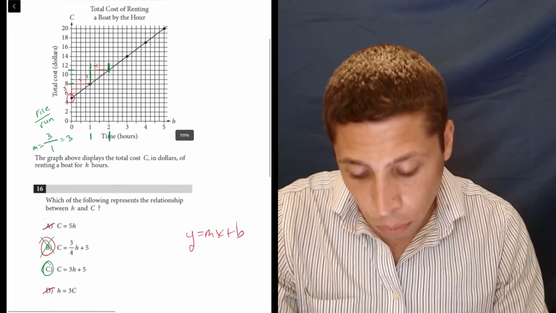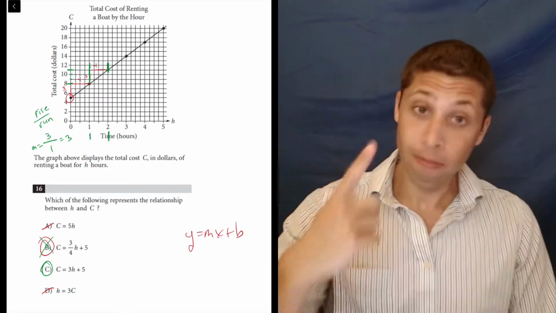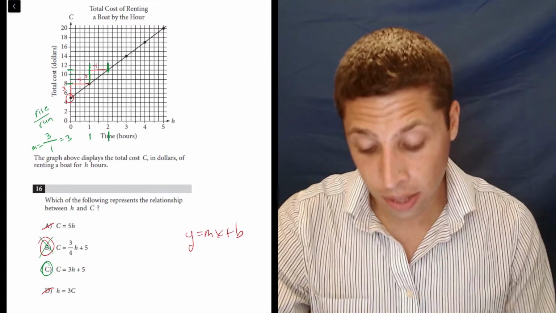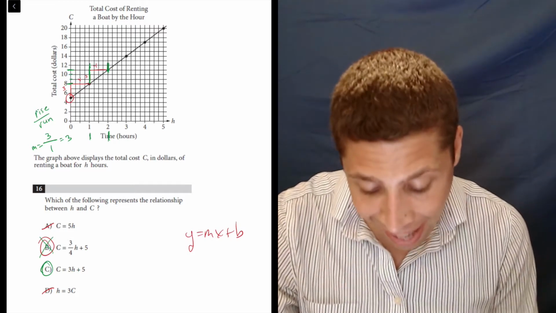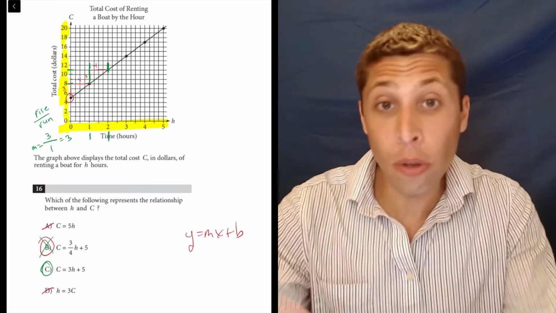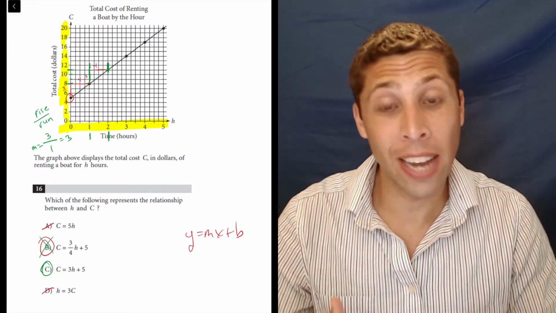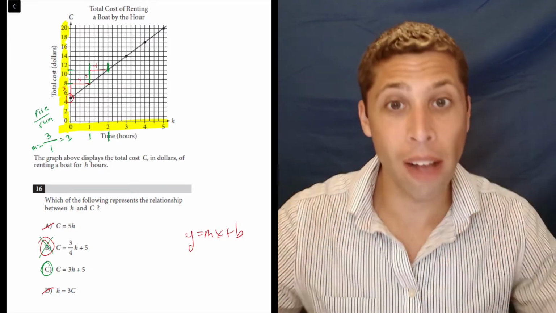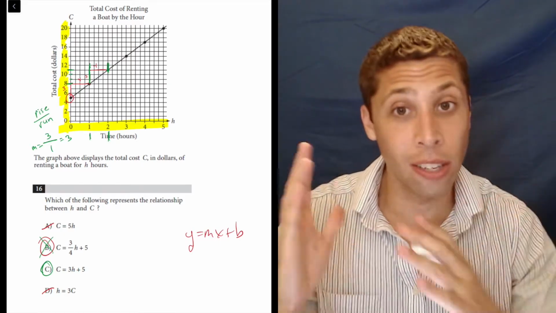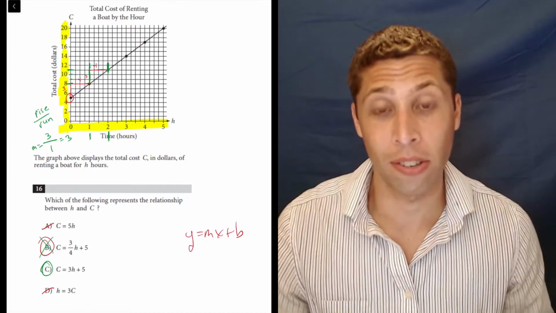So how do we avoid this mistake? Well, number one, easiest thing, and this is going to work on all sorts of questions, is you cannot ignore scale. The SAT knows that when you do math in school, you very rarely even have to think about scale because you're graphing on the same kinds of axes all the time, right? Everything is equal to 1, all the boxes are the same.